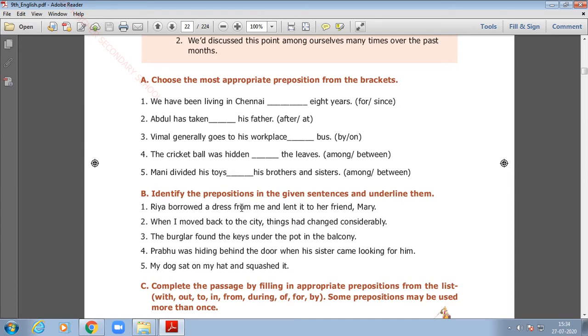It is a word placed before a noun, and I told you a sentence has two nouns sometimes, one as the subject and the other as the object, and this is a word placed before the object. Now this part, and she is missing here, or Ria lent it to her friend. Okay, her friend. So this is a pronoun here, and to is a word placed before the pronoun.